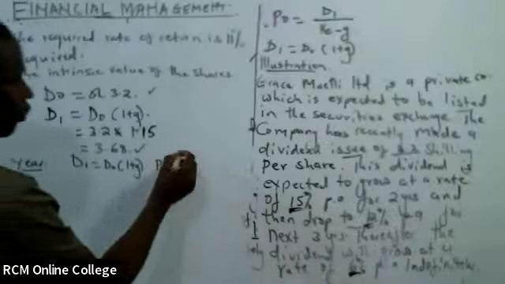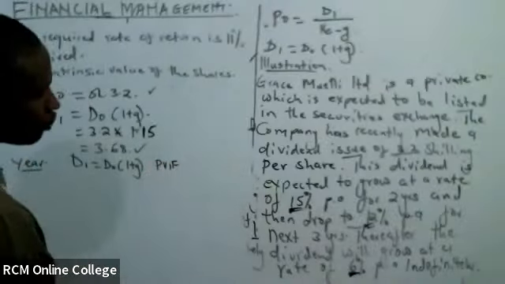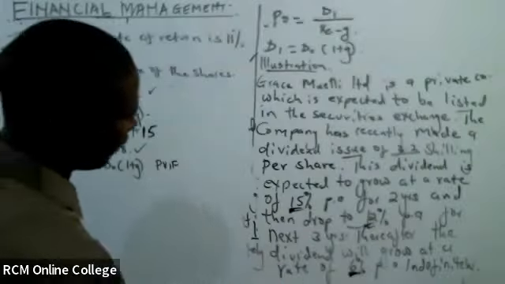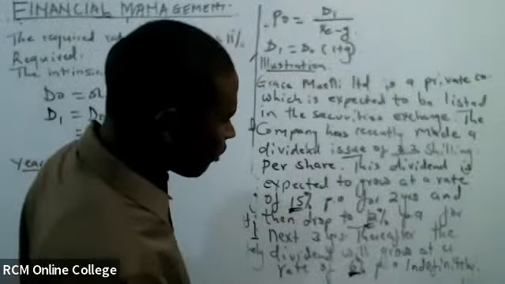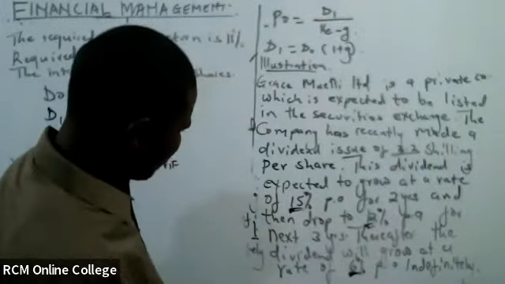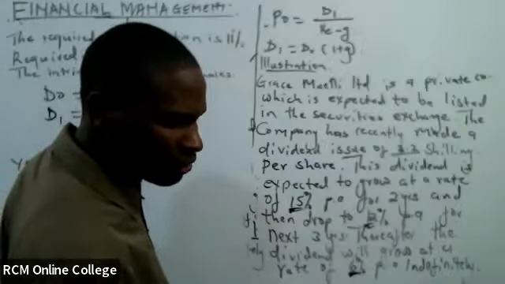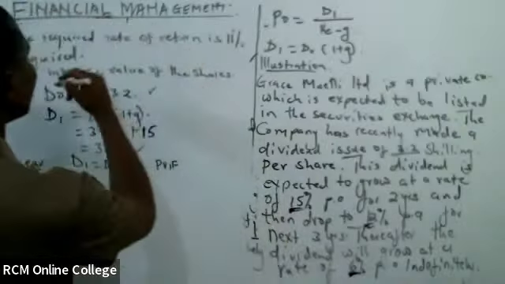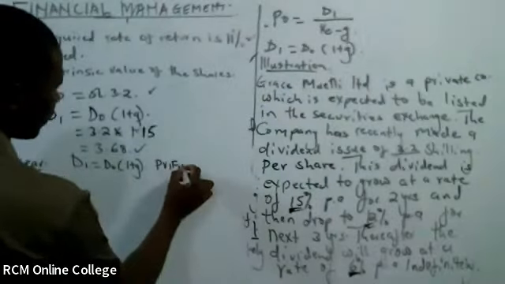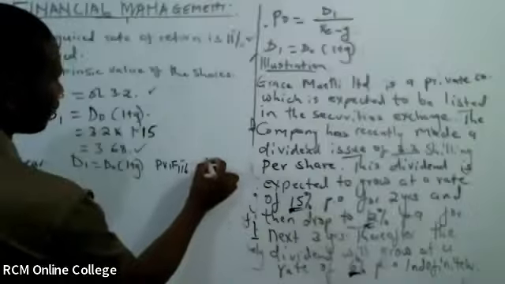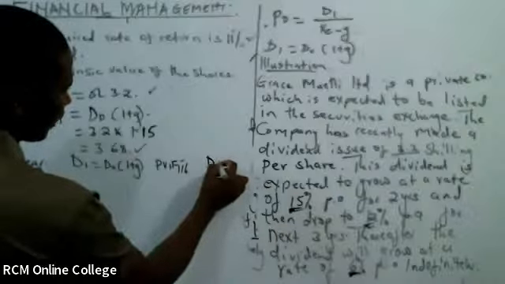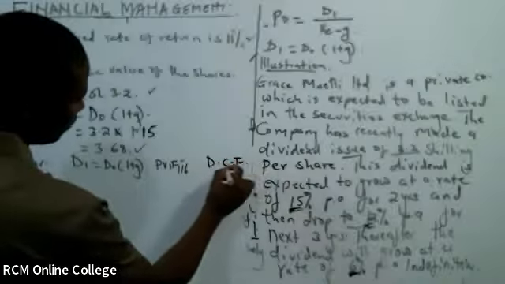What is the cost of equity, or the required rate of return? You can see it clearly. It was 11%. So we shall discount using 11%, and then we get the present value, or the discounted cash flow.